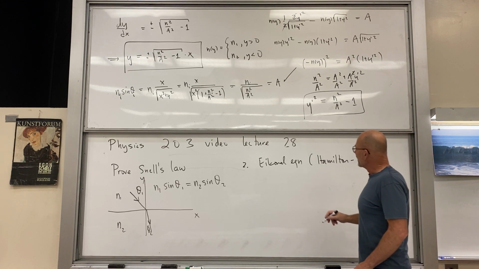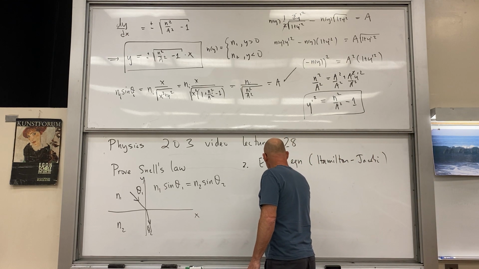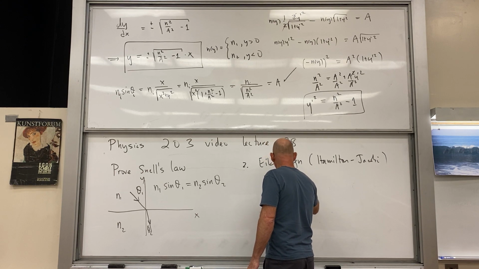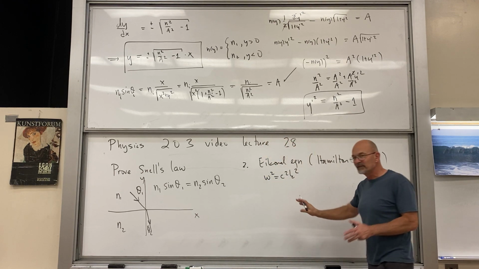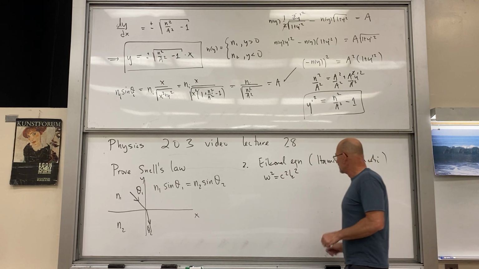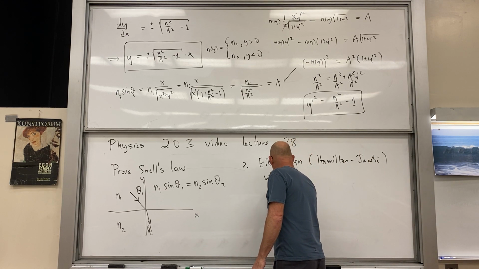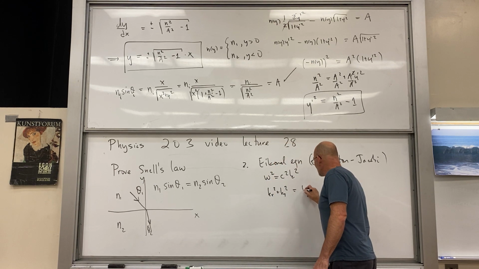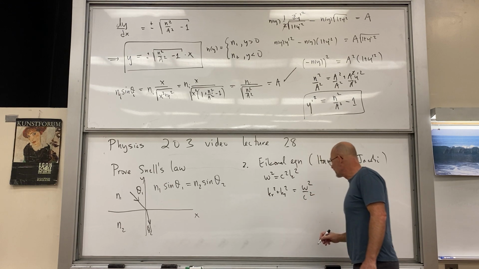So what did we have there? We had omega squared equals c squared k squared, and we turned that into a differential equation. So that was k sub x squared plus k sub y squared equals omega squared over c squared.